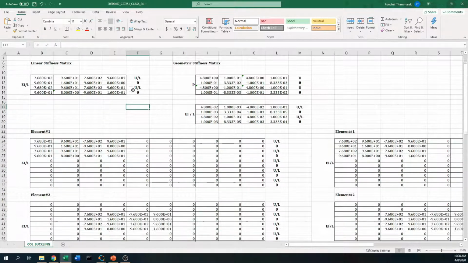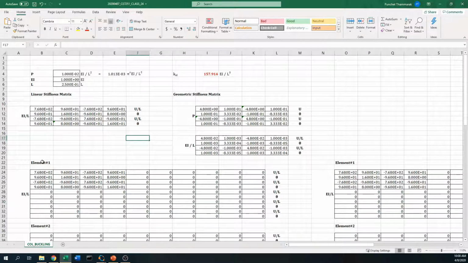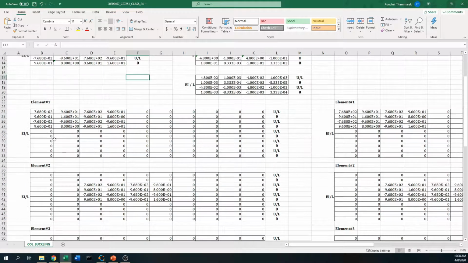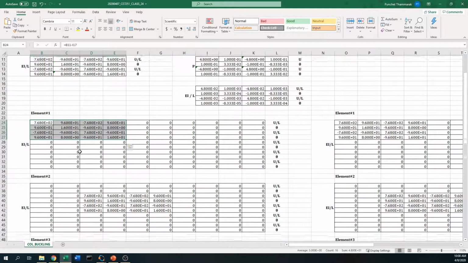So I provide the stiffness matrix from element number 1, number 2, number 3, number 4. Okay, and then you have 5 nodes. So for element number 1, of course, I include the size of the global system stiffness matrix, and then these are the relevant degrees of freedom for element number 1.